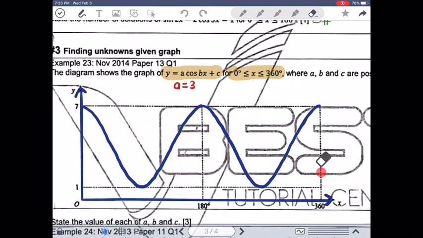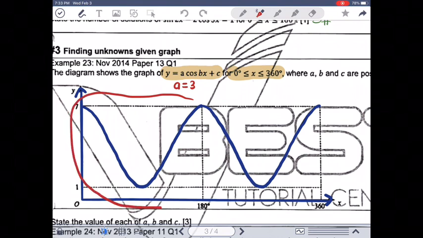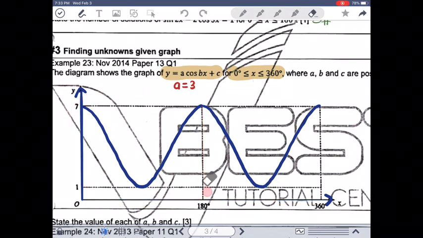Now let's have a look at b. One cycle of this cosine graph lies in 180 degrees, if you notice. So that means the period is equal to 180 degrees or pi.